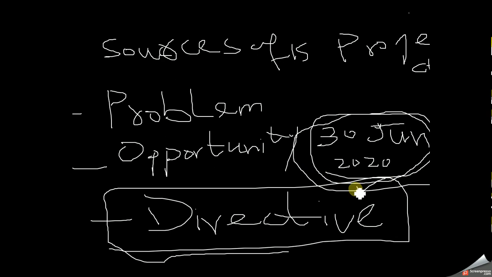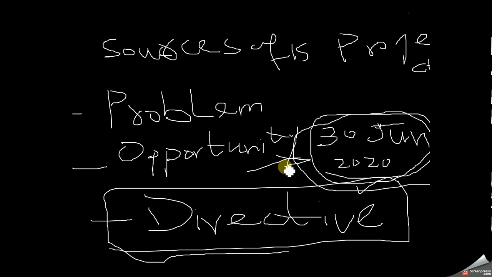Now, every bank will try to make sure that the system is ready a few months before this deadline. But if they could not complete the development by that time, although the authorities are relaxed, they keep delaying, they give more deadlines, but let's say there is no other option.